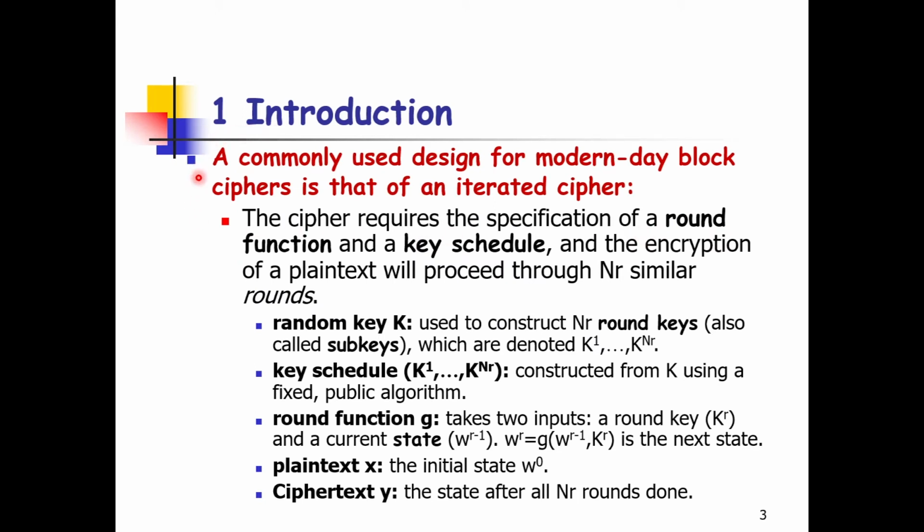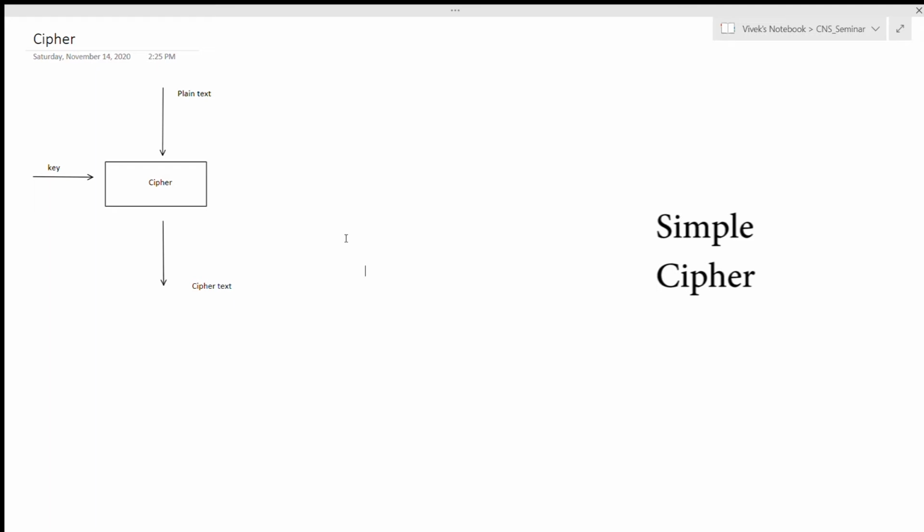So it says a commonly used design for modern day block cipher is that of the iterative cipher. So previously what we do is we put a plain text in the cipher and provide a key to the cipher, and it gives us cipher text.